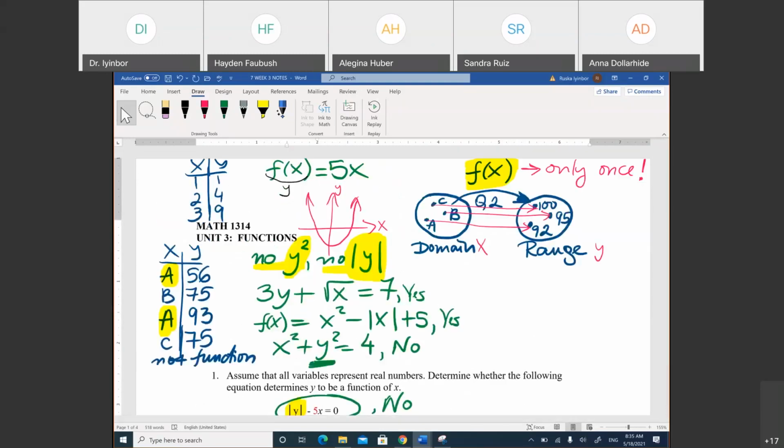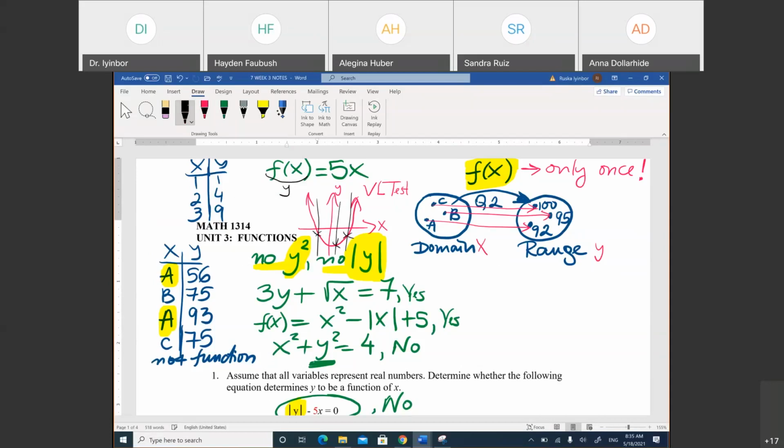And then let's talk about graphs. If you have a graph, we check if the graph is a function by doing the vertical line test. That vertical line test is you have an imaginary vertical line and you move it left to right, and you see how many times your imaginary vertical line is crossing the graph.